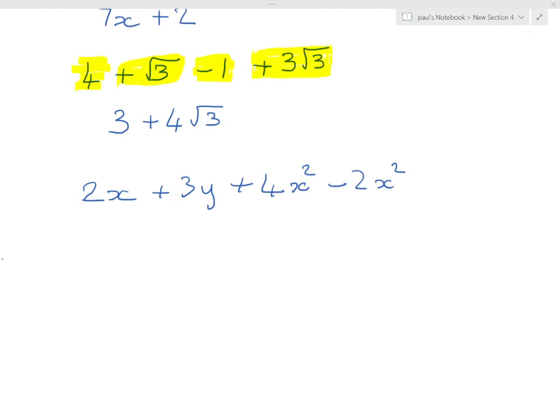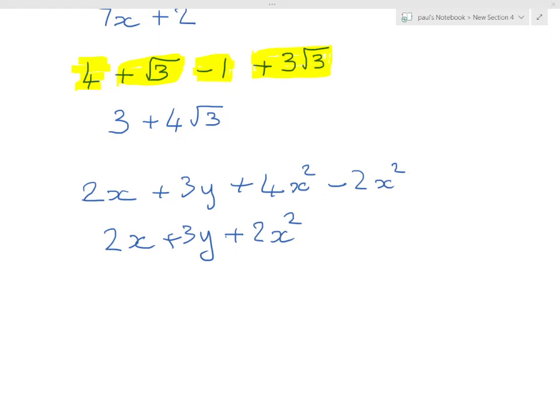So when you're collecting like terms, you can only put these square things together. You can't mix them up with a 2x. So this will come out as 2x plus 3y plus 4x squared minus 2x squared will be plus 2x squared. So be careful when you're collecting like terms.